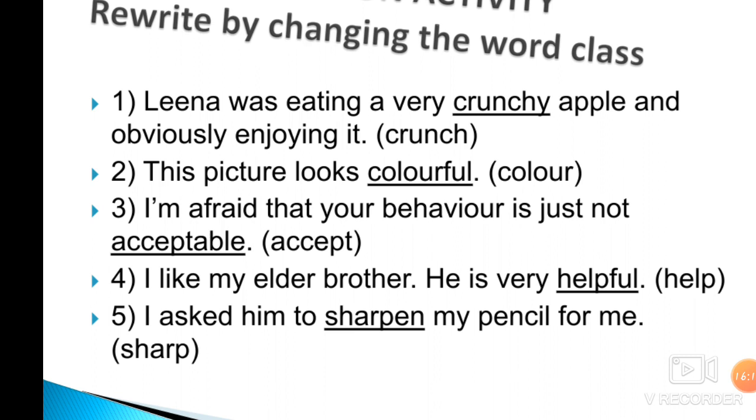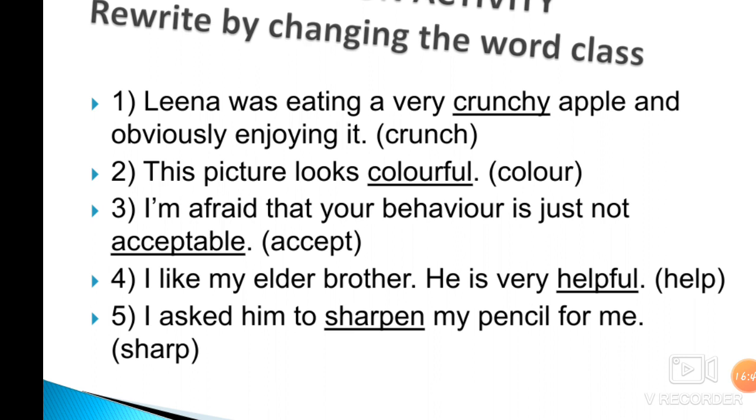Next is, this picture looks colorful. Color is a noun. We are using colorful as an adjective. Third is, I am afraid that your behavior is just not acceptable. Accept is a verb. Acceptable is showing you the adjective form. Number 4. I like my elder brother. He is very helpful.